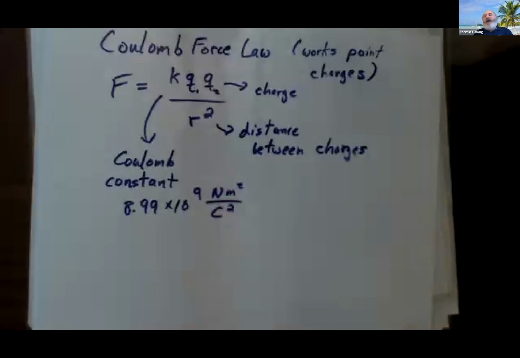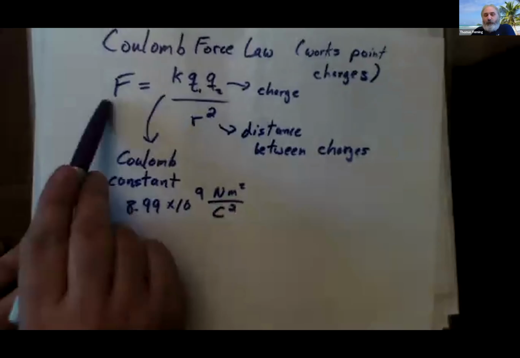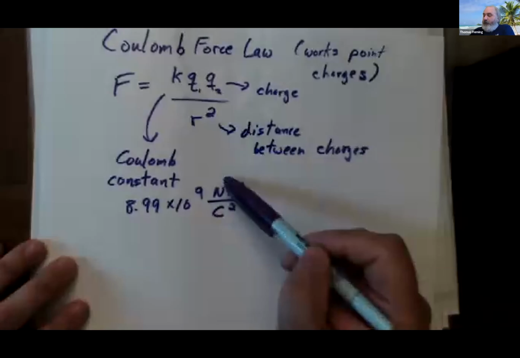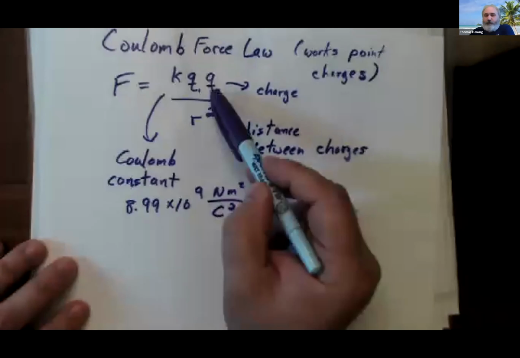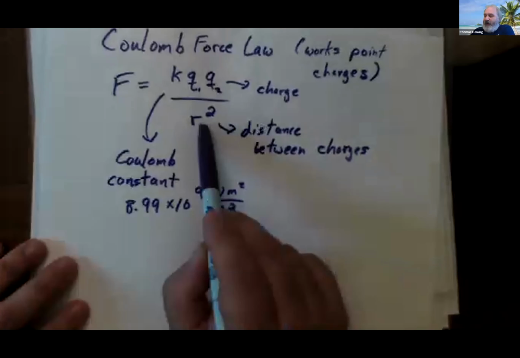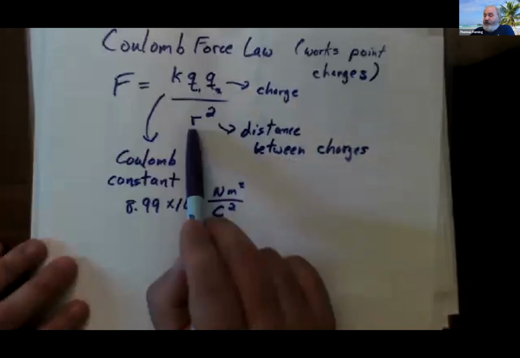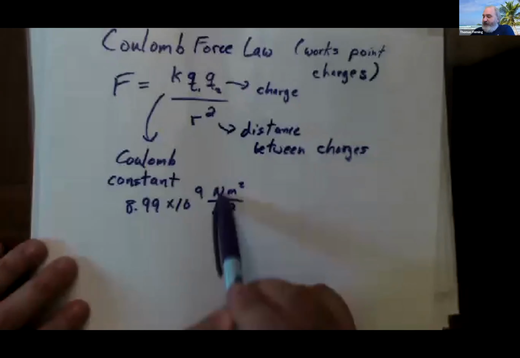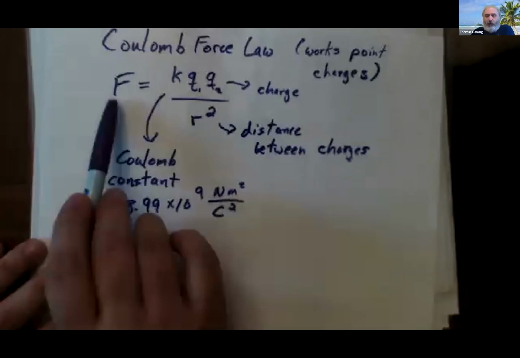And you can see that it has to be those units, because in order for me to get a force that comes out in newtons, I'll take K, which has these units, I'll multiply it by two charges, so those are in coulombs, which means that'll cancel the coulombs on the bottom. I'll divide it by a distance in meters squared, that'll cancel the meter squared on the top. So when these cancel out, it leaves behind newtons, which is what I'm supposed to have.